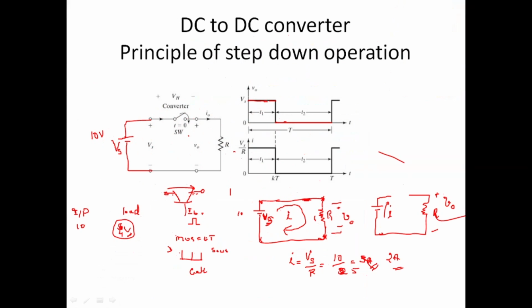Input is Vs and the resistance in this path is only R. So current is constant, Vs by R. During on time, when the switch is closed, the current flowing here is Vs by R. And when the switch is open, there is no current flowing, so current value here is 0. Okay, this is my operation.